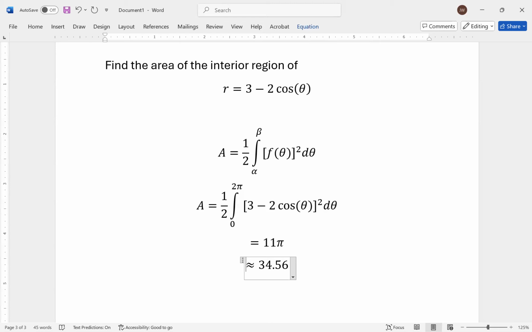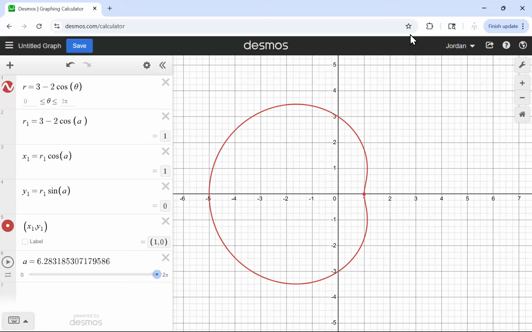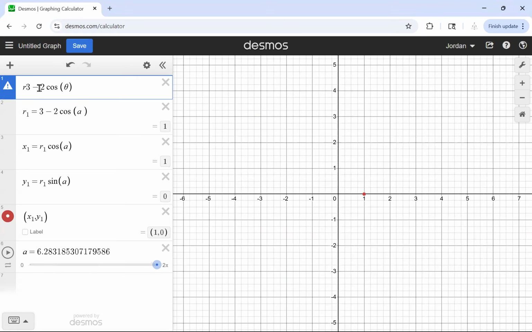This one has a really nice value, 11 pi. Which is kind of surprising given that we have this weird dimpled shape, that we got an area that was so nice.